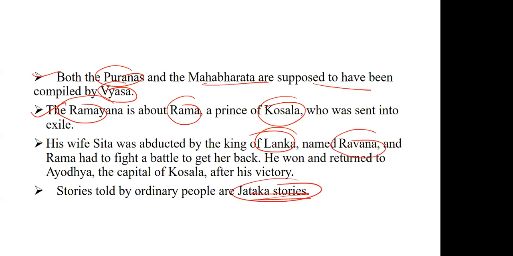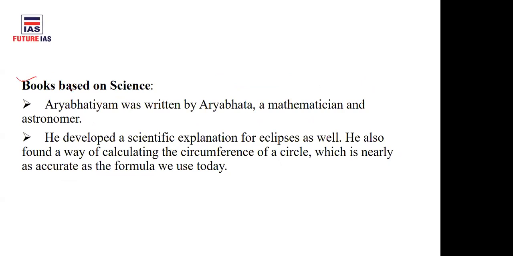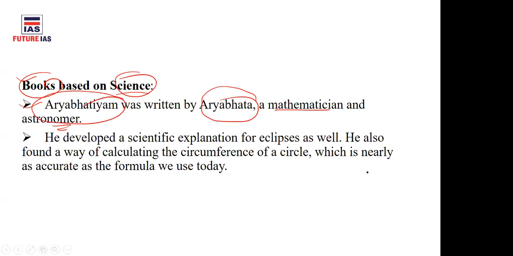All right, so such things are there in our ancient past. Okay, now let's understand the books that were based on science. For example, you might have heard about the great mathematician and astronomer known as Aryabhatta. Aryabhatta wrote the book called Aryabhattiam, right? In this book, he developed the scientific explanation of the eclipse.